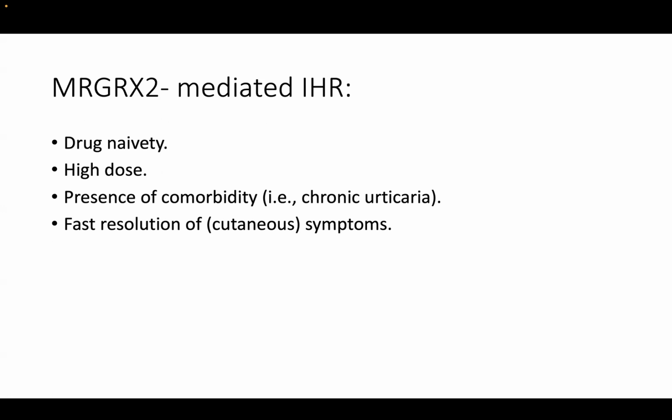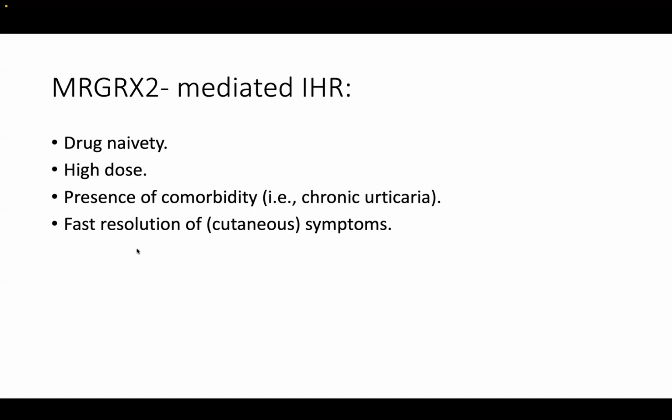Second thing is high dose. High dose is very, very common with MRGPRX2 mediated reaction because it needs high levels of the drug in the blood to react. And this we can see typically with vancomycin-mediated reactions. If you give the patient the medication very quickly, so the peak plasma level can go very high quickly, this can result in what we call Redman syndrome or flushing of the skin.